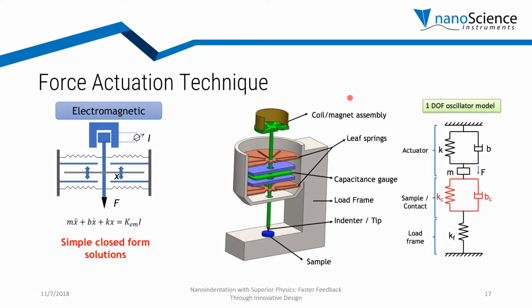What that means is we have a coil and a magnetic assembly here. You apply a current through this coil and this generates a magnetic force, and that's how you apply the load on this indenter. The load goes through this shaft, and here's your sample, and the tip indents the surface. That gives us our load signal.